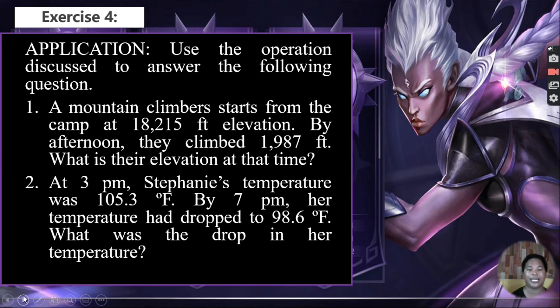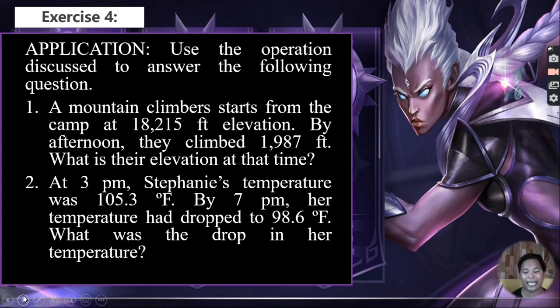The first: a mountain climber starts from the camp at 18,200 feet elevation. By afternoon, they climbed 1,987 feet. What is their elevation at the time?